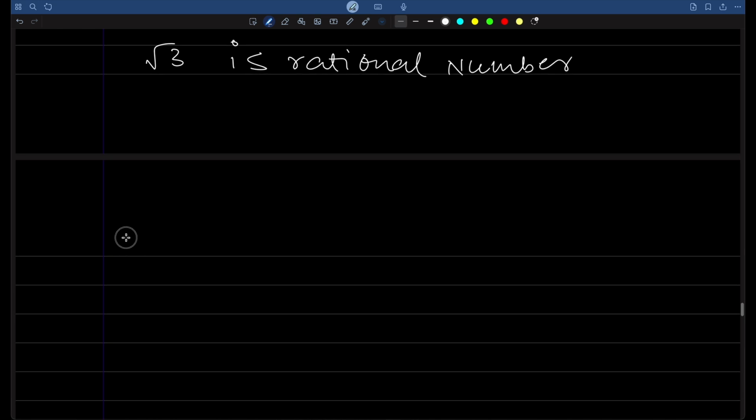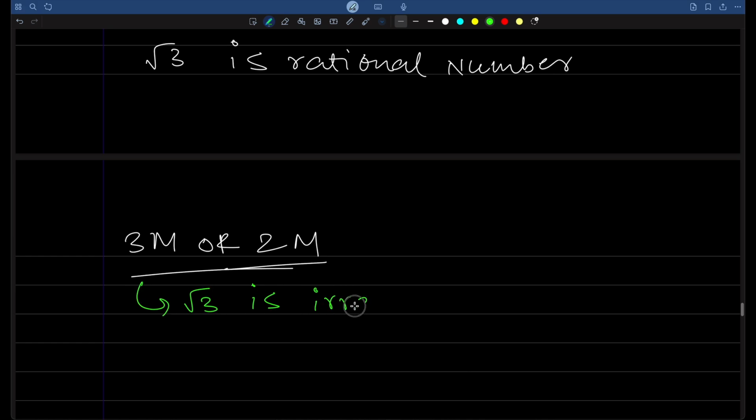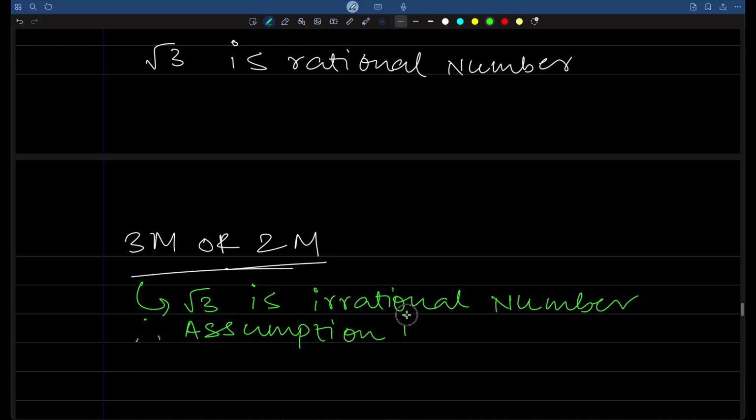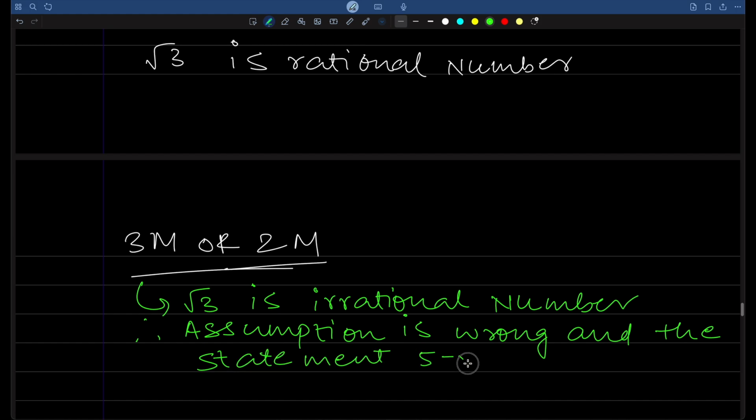If the question is of 3 mark or 2 mark, then we can directly write that root 3 is an irrational number, and hence our assumption is wrong and the statement 5 minus root 3 is irrational is true.